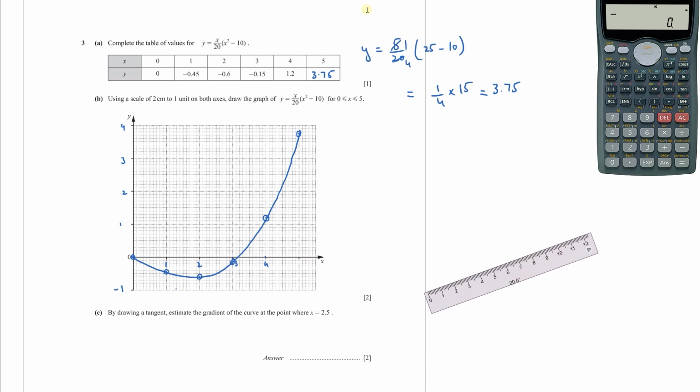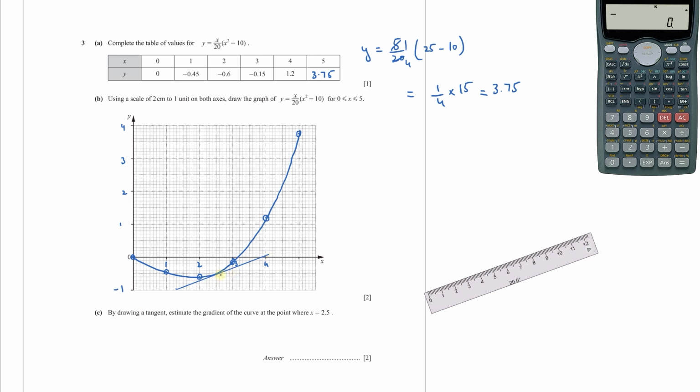So let's try to draw a straight line now from this point here and up till this point. So this will just touch the curve at x equals 2.5 like this.